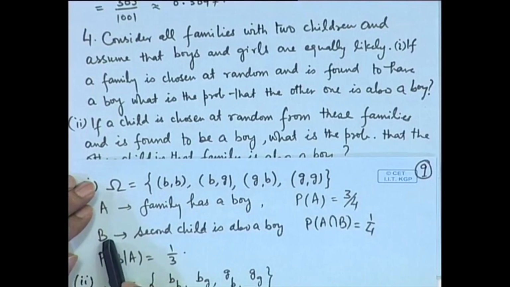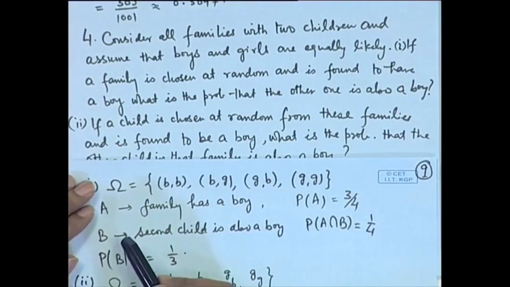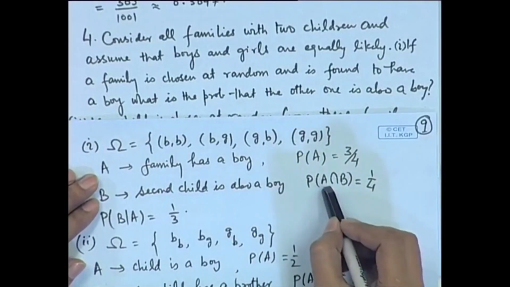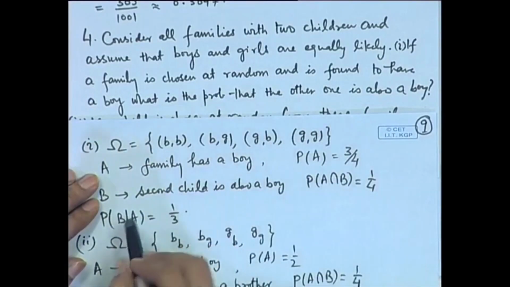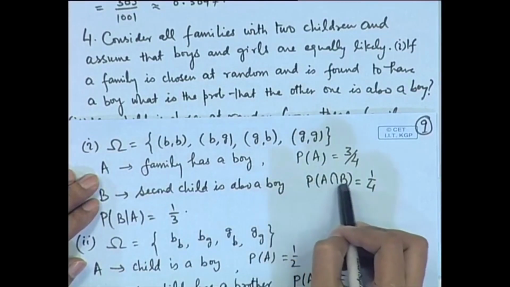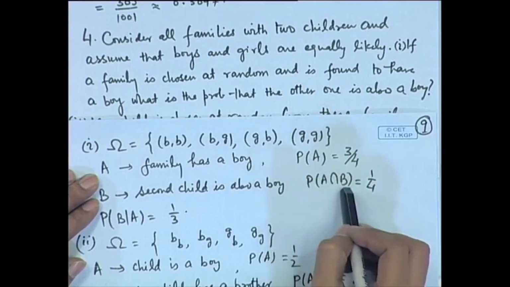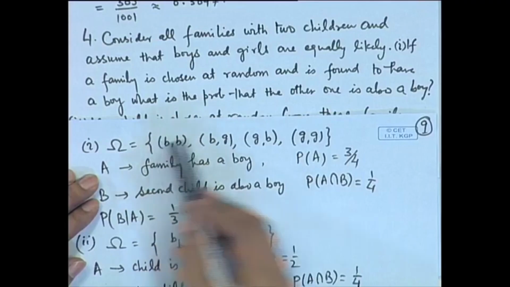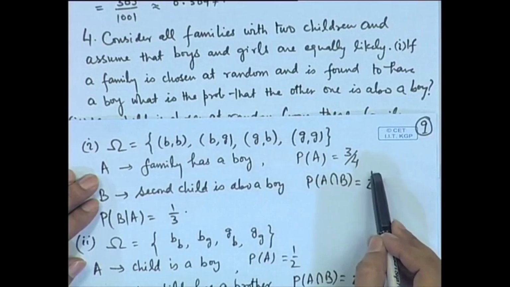So, now if I define the event B, that the second child is also a boy, then the conditional probability of B given A is the probability of A intersection B divided by the probability of A. So, the probability of A intersection B corresponds to the possibility that both the children are boys. So, this is only one possibility, and therefore, the probability of that is 1 by 4.